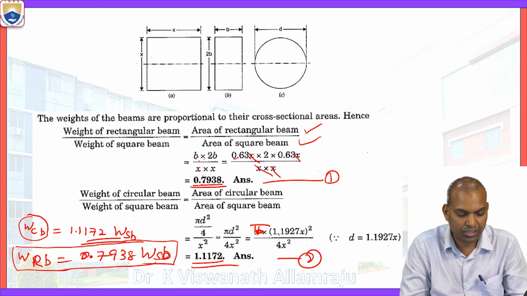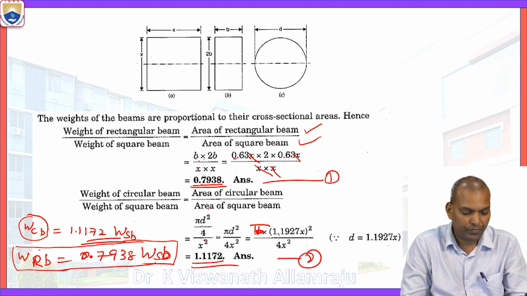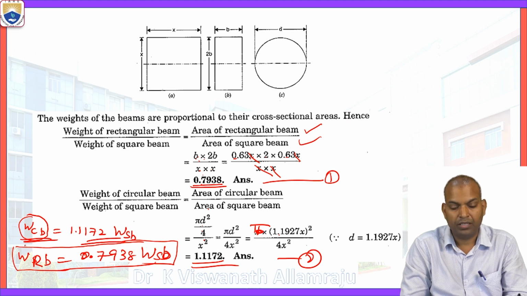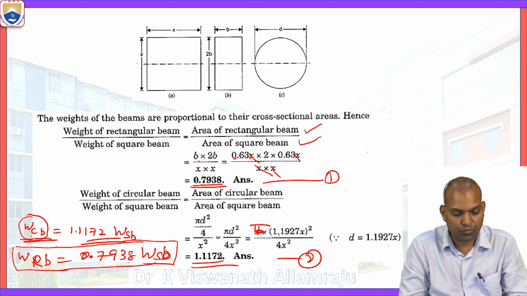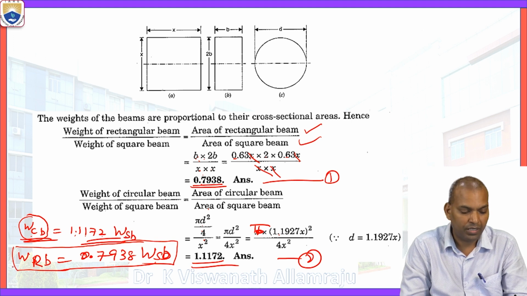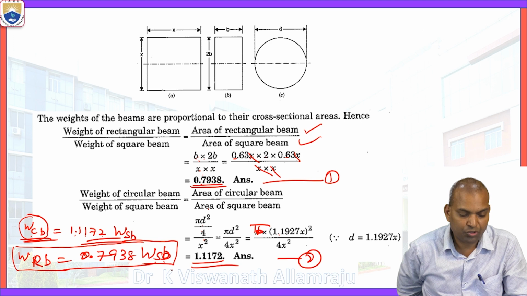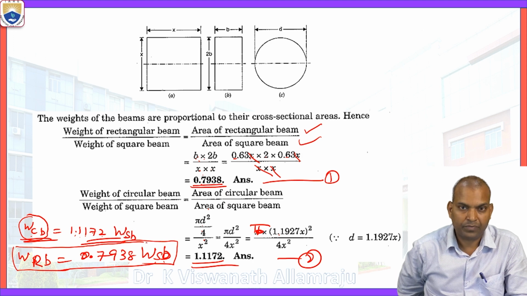They want in relation to that. So if we understand that the weight of circular beam is higher, here it is 1.1172 times the square beam, whereas the weight of rectangular beam is 0.7938 times, that is 79% of the weight of square beam.